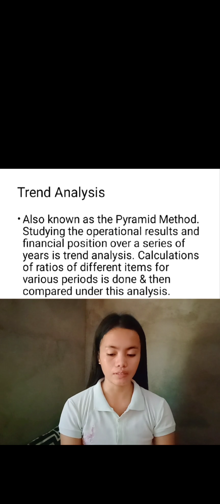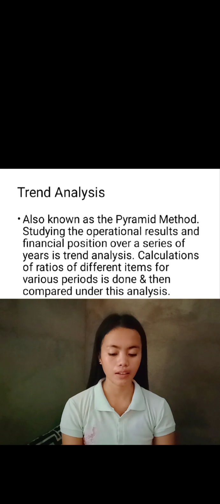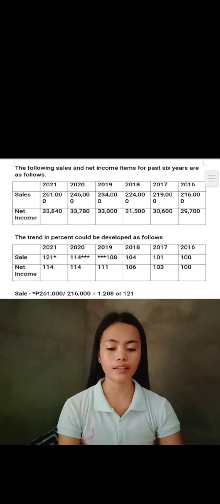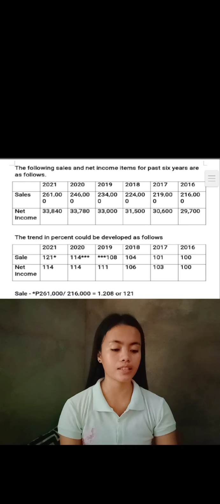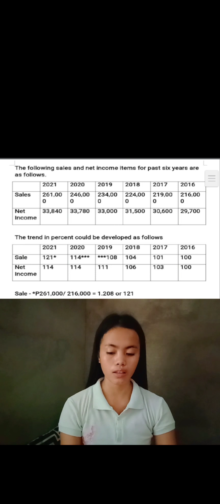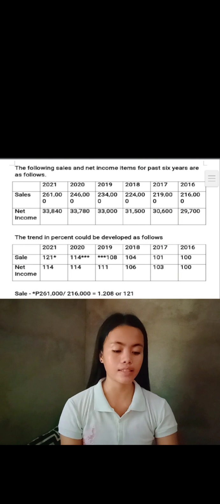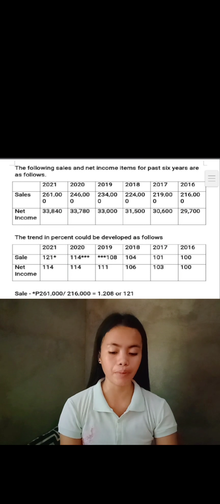For example, there are the sales and net income items for the past 6 years as follows. Here, the trend percentages are calculated as the current year divided by the base year.